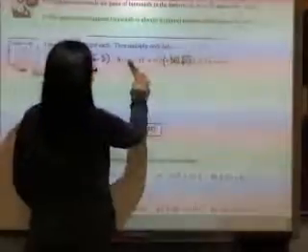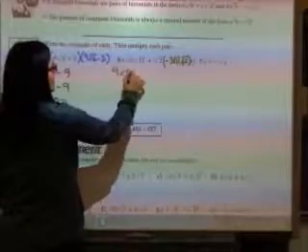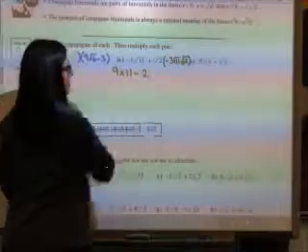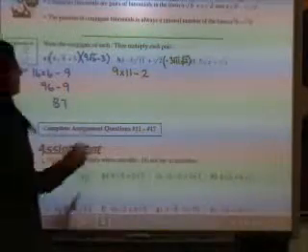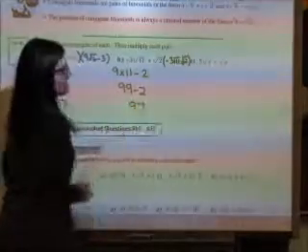So negative 3 times negative 3 will give me a positive 9 times 11. And then root 2 times negative root 2 will give me a negative 2. So 99 minus 2 will give me 97.